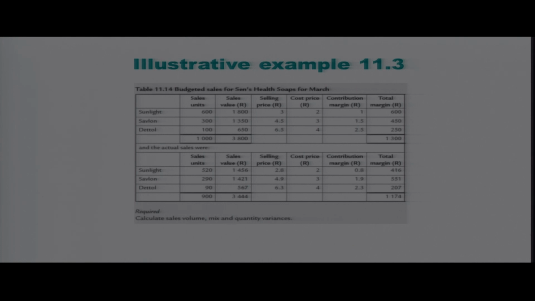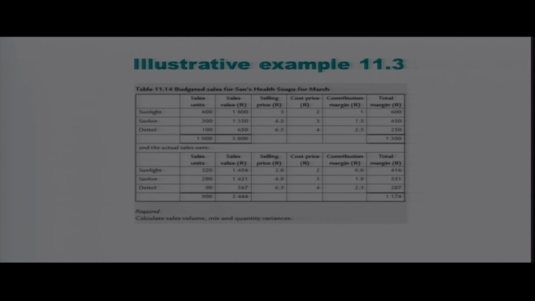And then we have example 11.3. In this instance, now we have more than one product that we are selling. So in 11.3, we are selling Sunlight, we are selling Savlon, we are also selling Dettol. We've got different units for each of those, and the sales value, the selling price per unit, the cost per unit, the contribution per unit, as well as the total margin.